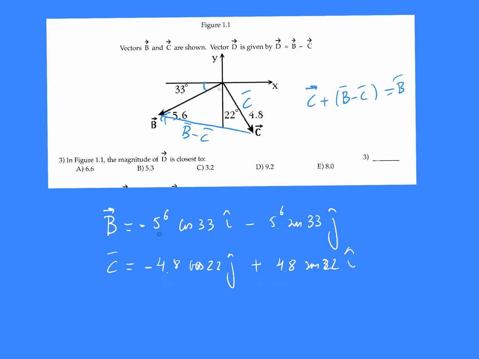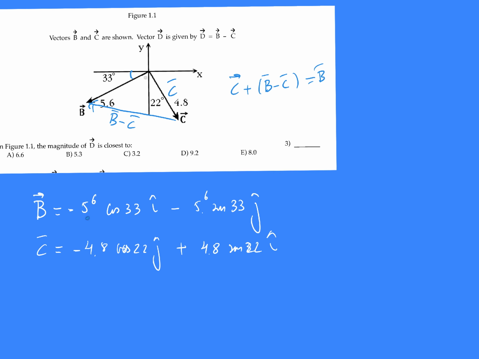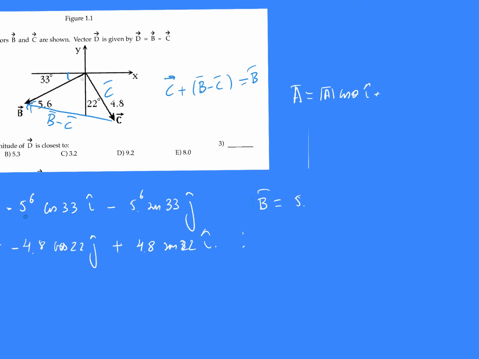Okay, so I have the vector v expressed. If you don't want to express the vector like this, you can express it directly by finding this angle. The angle is not now 33, the angle is 180 plus 33. Remember that any vector A can be expressed as the magnitude of A cosine of theta by i plus the magnitude of A sine of theta by j.